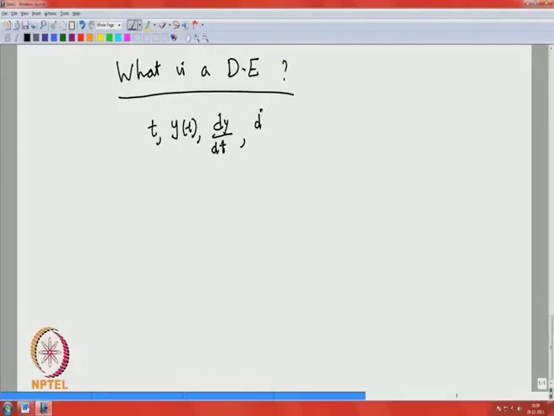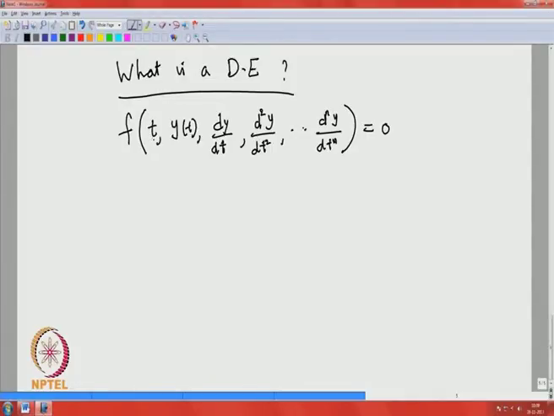It can also have d square y by dt square, and so on, up to d power n y by dt power n, and you will have a relation connecting these. So formally, I can define a differential equation as a relation connecting an independent variable.